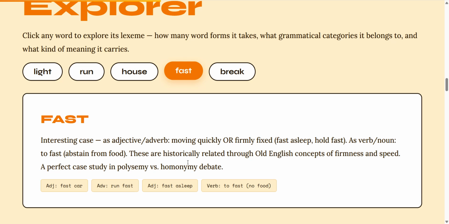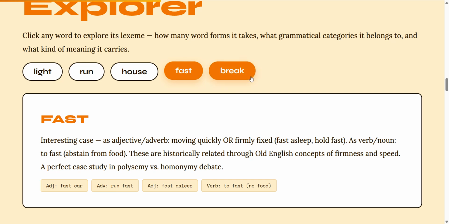A perfect case study in the polysemy versus homonymy debate. The word forms: as an adjective, a fast car; as an adverb, run fast; as an adjective, fast asleep; and the last one is the verb to fast, where no food is allowed to eat.